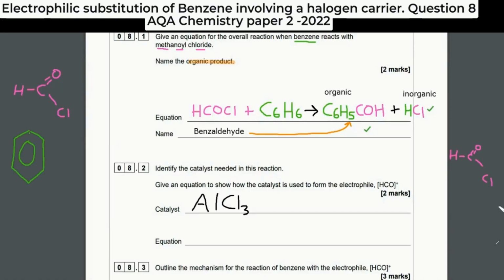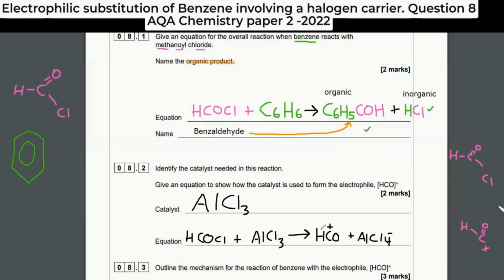And here we have our methanoyl chloride, and it can be made into an extremely strong electrophile by removing that chlorine atom, leaving a positive charge on the carbon, making it attracted to electron-dense regions like the delocalized ring in benzene. So the equation for this is HCOCl, which is methanoyl chloride, plus the halogen carrier AlCl3.